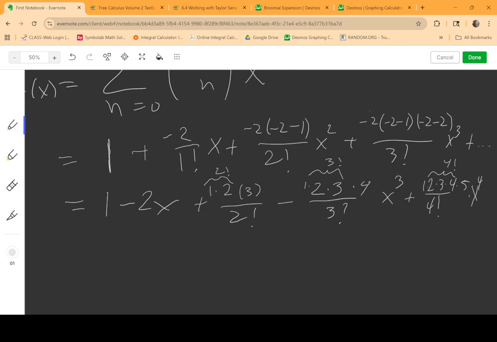So if I simplify further, we get 1 minus 2x plus 3x squared minus 4x cubed and then plus 5x to the fourth.